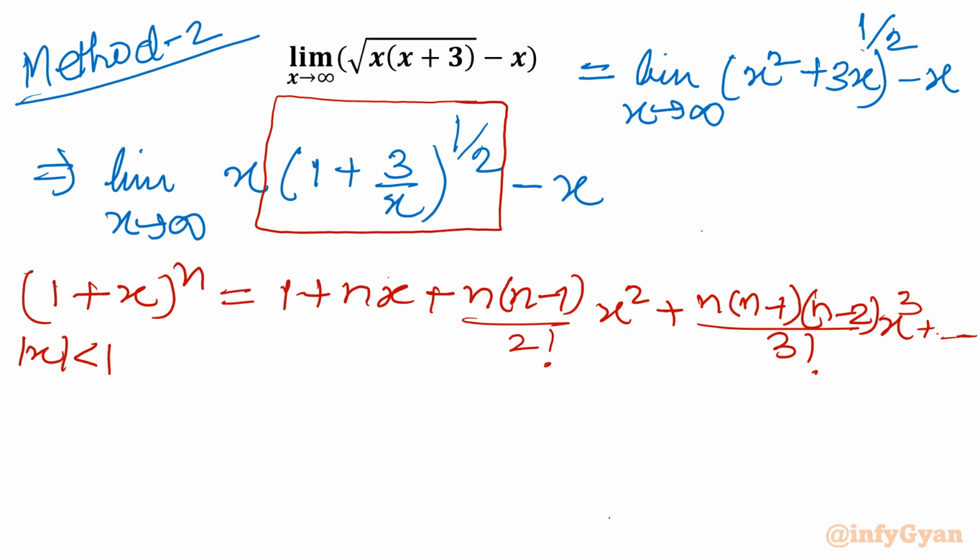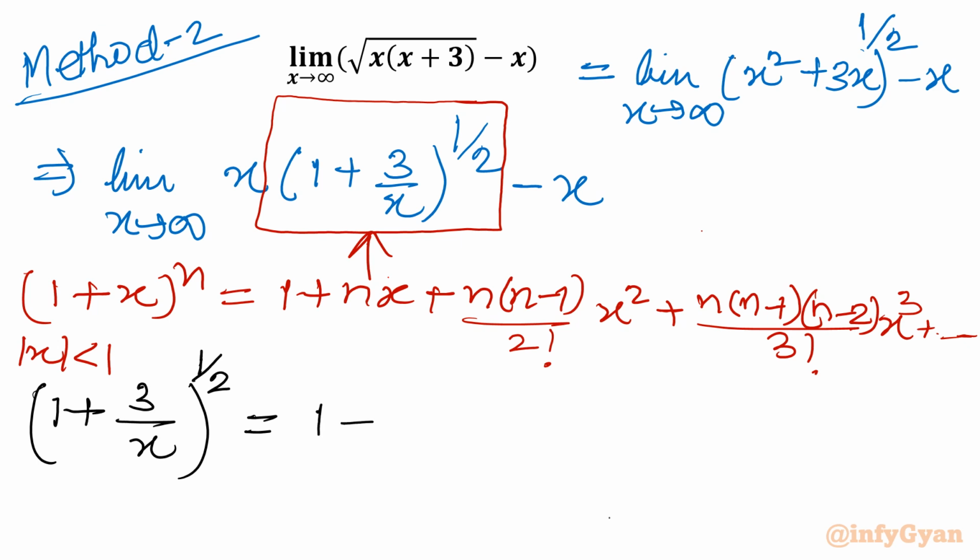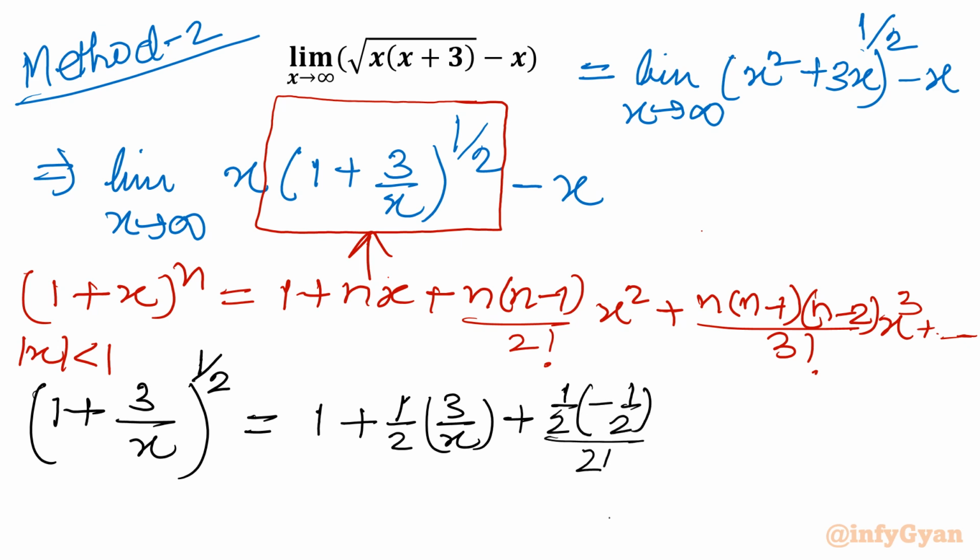Now I will use it as per our requirement. So let's apply it to our (1 plus 3 over x) whole power 1 by 2 and expand. So I will write 1 plus nx: in place of n it is half, and in place of x it is 3 over x. Third term: n is half, n minus 1 will be minus half, over 2 factorial into x square, so it is (3 over x) whole square.